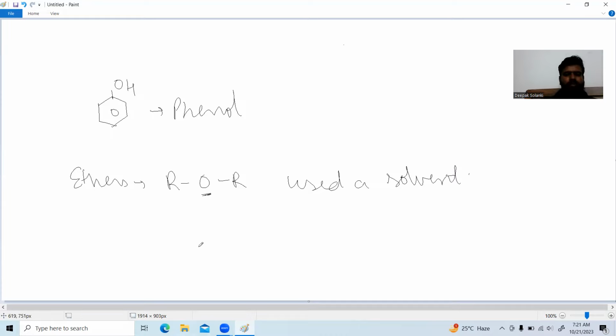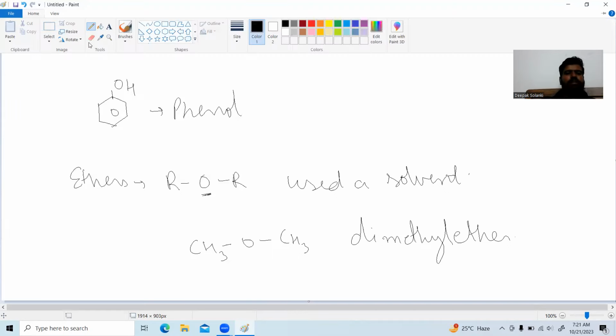For example, we can take CH3OCH3. What will be the name? There are 2 methyl groups, dimethyl ether. Its name is dimethyl ether. Clear? This is the phenol and ether.